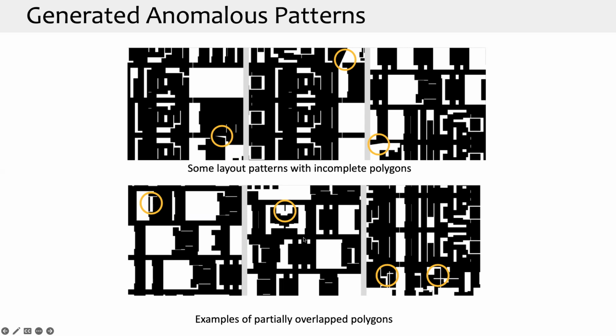The proportion of this kind of anomalous pattern among generated patterns is only 0.48%. These incomplete polygons can be easily checked. Another category is that different polygons in a layout partially overlap spatially, as shown in the lower figure. These layout patterns seriously violate the DRC rules. Their proportion among generated patterns is 7.9%. In this paper, we consider these anomalous patterns as illegal.